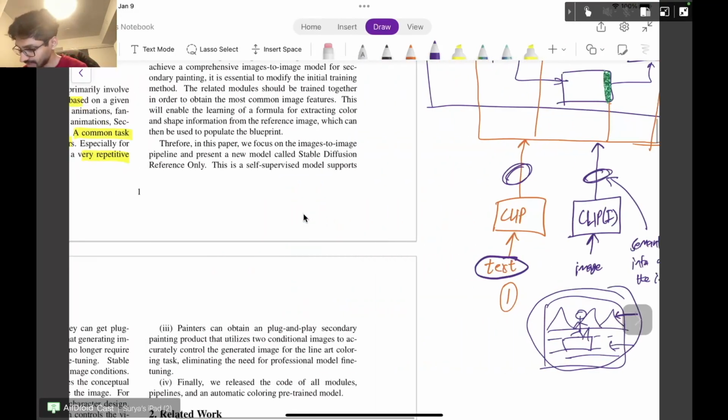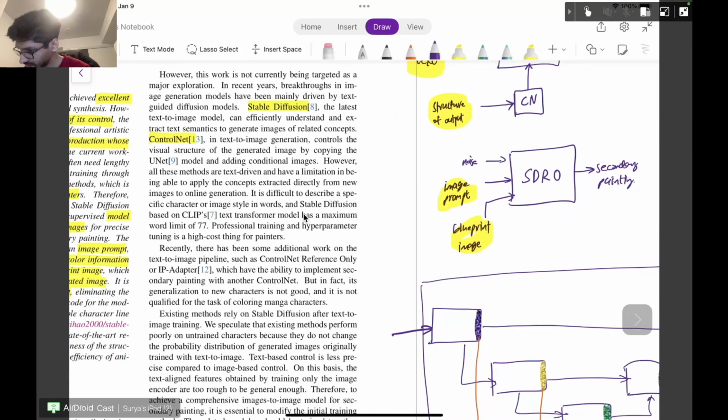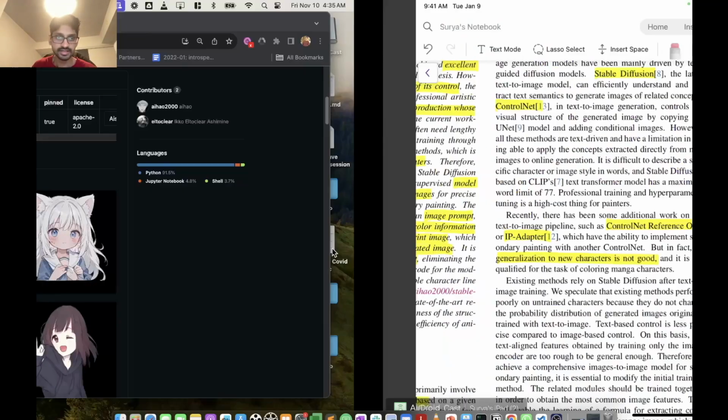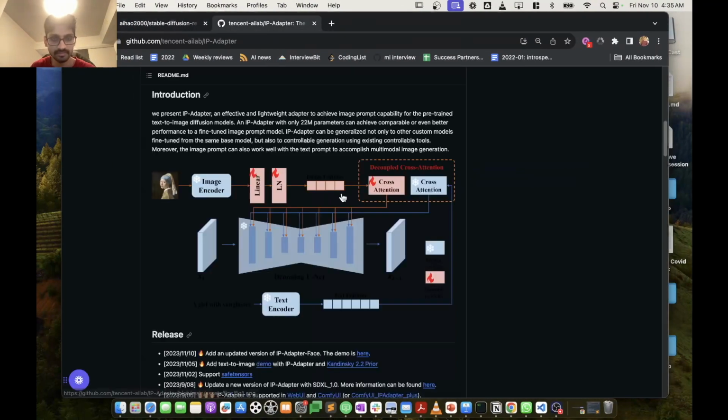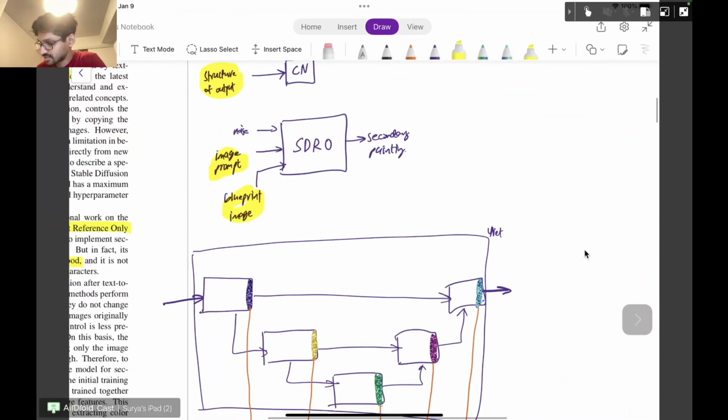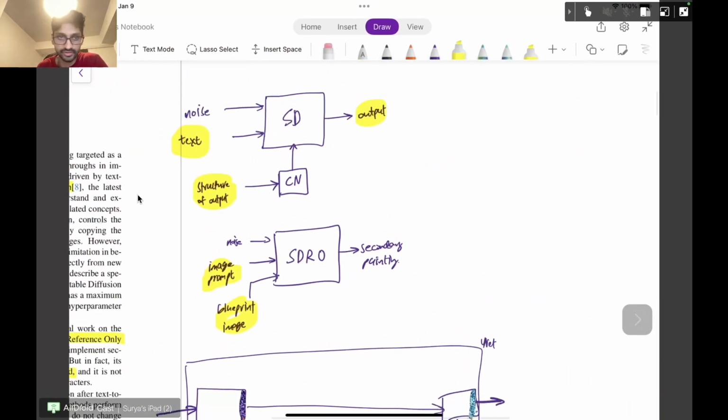If we get back to the paper, there have been recent works to get around this: ControlNet reference only and IP adapter. But the issue is that generalization to new characters is just not good. Let's briefly take a look at the IP adapter paper. The issue is that we are unable to generate specific concepts using stable diffusion because we take text as input.